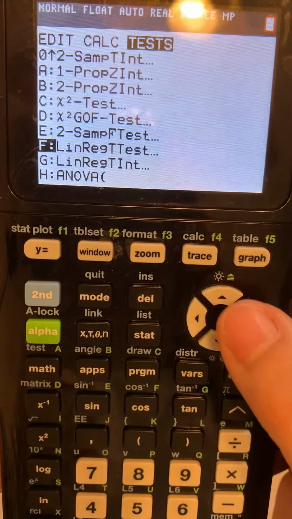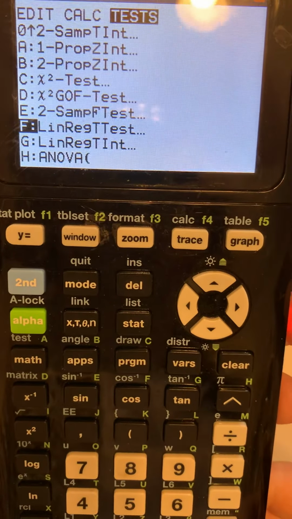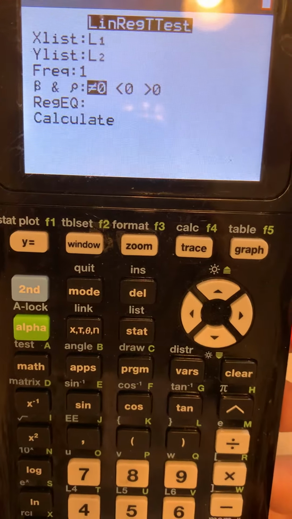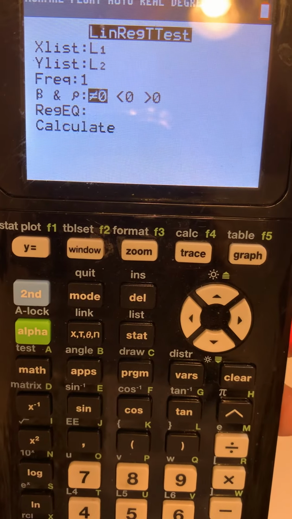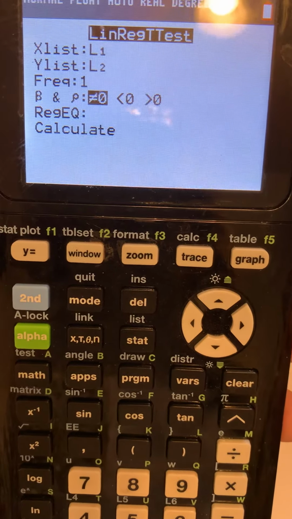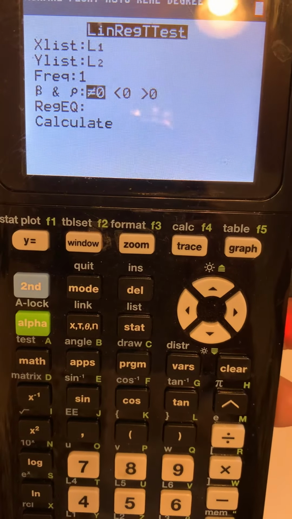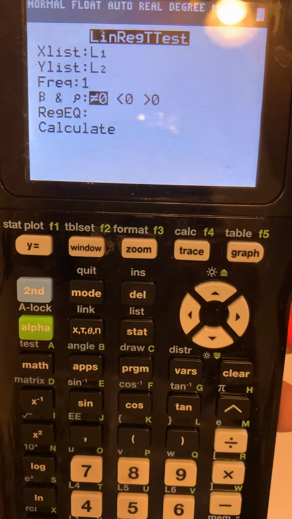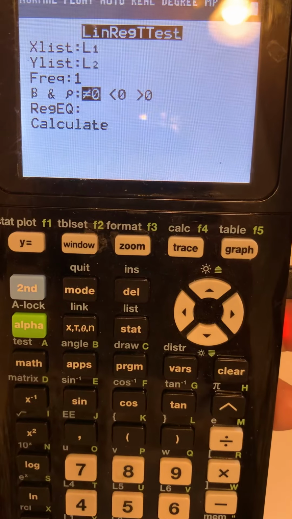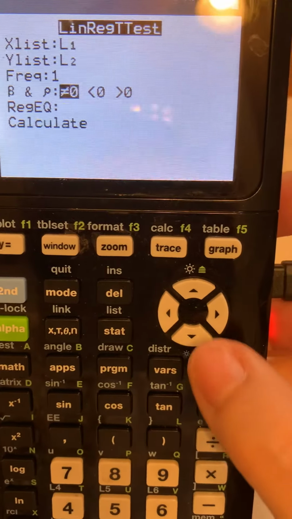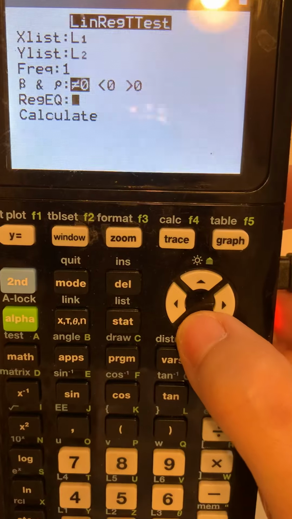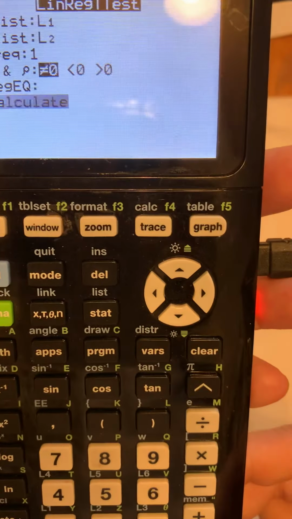F, LinRegTTest. I'm going to hit Enter. I have my X values in L1, my Y values in L2, frequency I leave at 1, and you'll notice I have a little rho there. I think it looks like a row, it's got a tail. Not equal to is what I'm going to use. I'm going to scroll down till I get to Calculate and hit Enter.